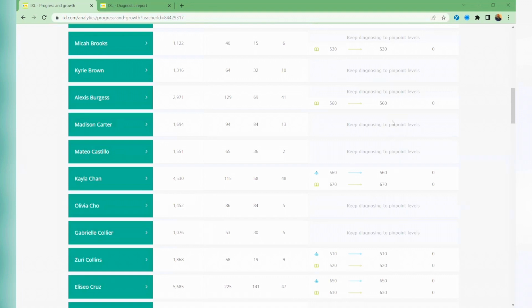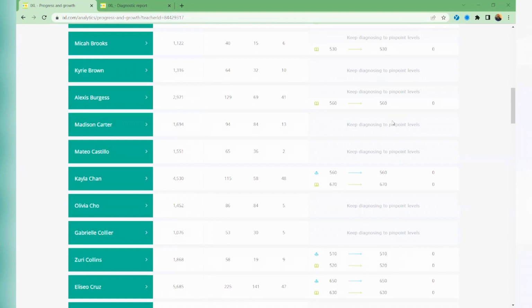Now, I've got 17 students that this is saying are above grade level. If I want to see who those 17 students are, I can just click right there and quickly pull up their names, along with the school they're currently housed at and the level they're currently at.